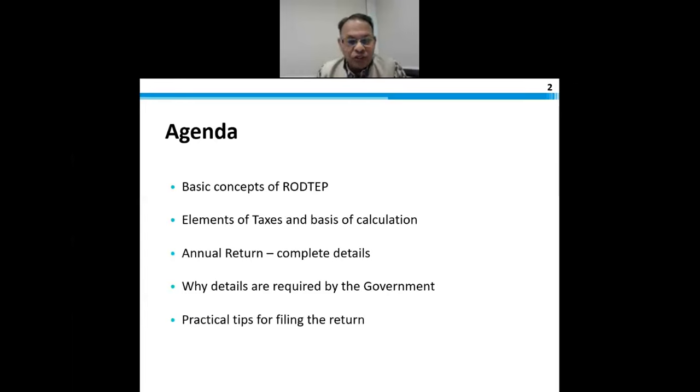Then we'll also talk of annual returns, complete details, because these annual returns for 23-24 give a very elaborate explanation of what is actually required by the committee, then why details are required by the government, and then practical tips for filing the return. That is how I'm going to give you a complete idea of this whole subject, and it will probably take about 1 hour 30 minutes, and then 15-20 minutes we can take questions. If you have any questions, I would be able to reply to them. So first part, let us begin.